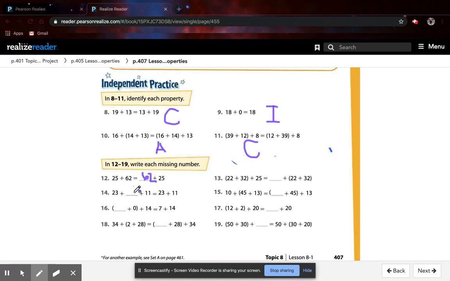For 14, it is 0. Sorry, and no, I'm not going in order. I just realized that. So we're just going to go down this entire row first. 16, to make it true and equal, we would need a 7. And then for 18, we would need a 2. For 13, we would need a 25.